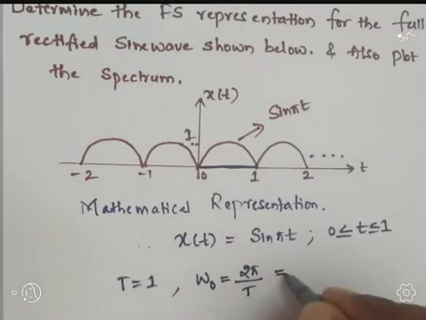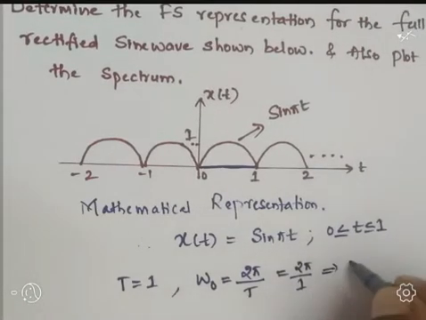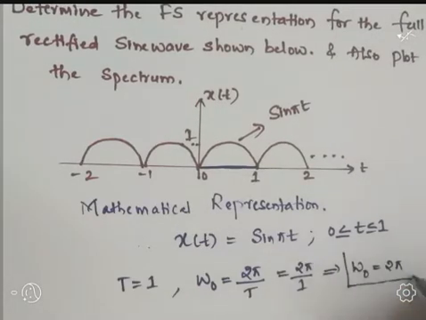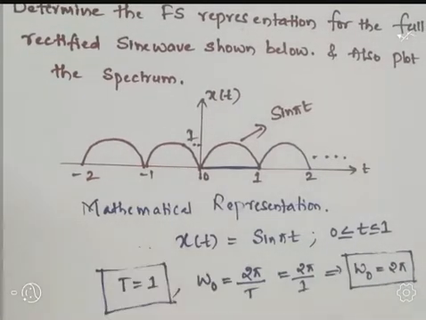Let us substitute 2 pi divided by 1. Hence, angular frequency omega naught equal to 2 pi we got. So this is our angular frequency, and it is the period of the signal.